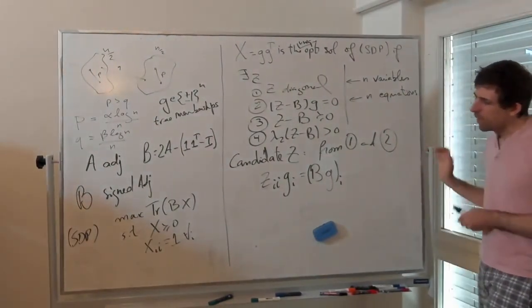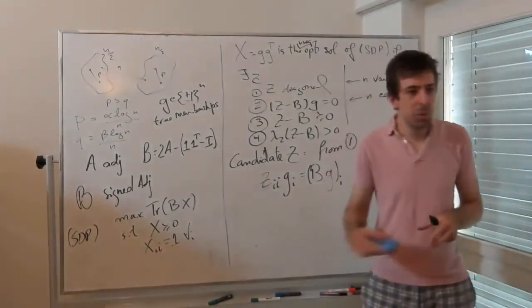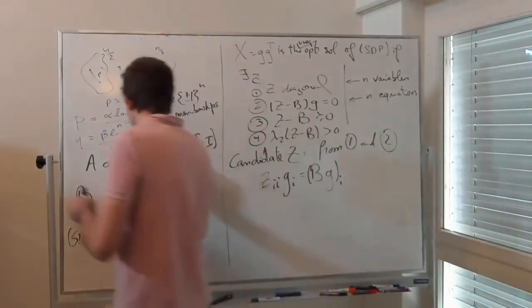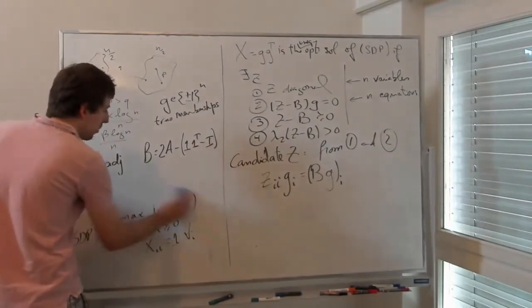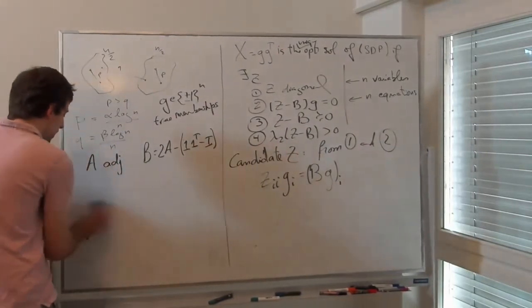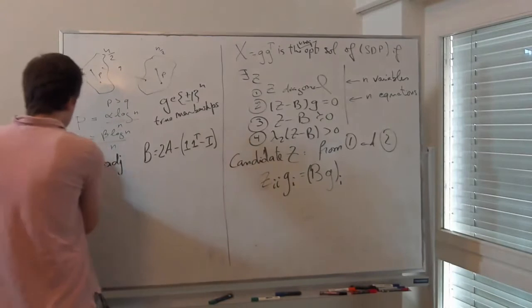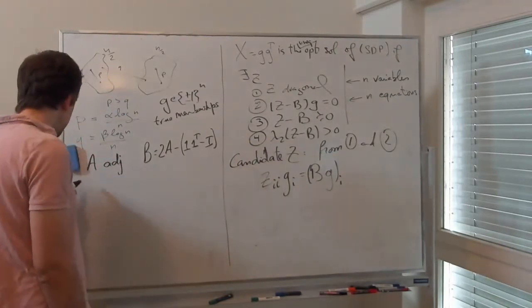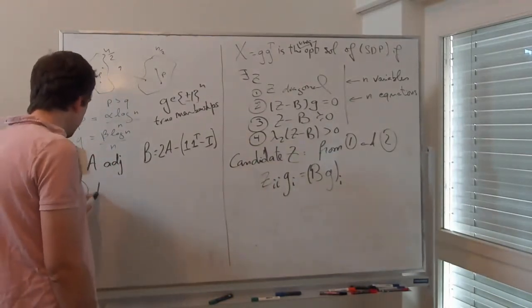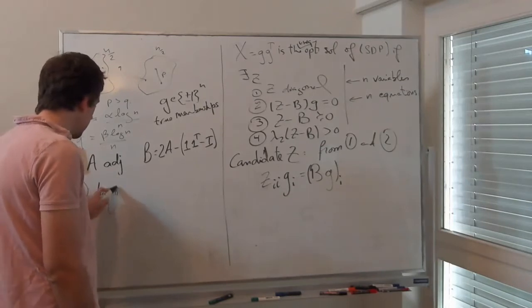Now it makes sense to define a few new matrices to write this better. We define D, a diagonal matrix of degrees.